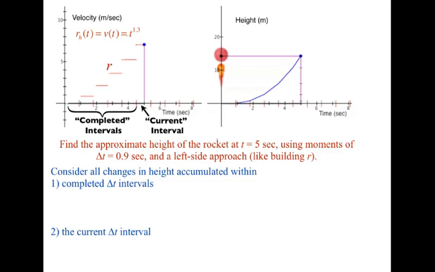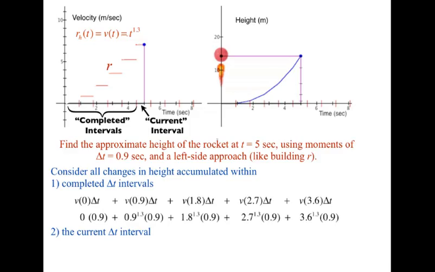But we're not going to use a full 0.9 seconds because we're not to the end of that interval yet, right? What are we going to use instead? 0.5. So to sum up the values for the completed intervals, it will look like this. These are the first 5, and these are complete. So the delta t is always 0.9. And we're going to sum that up. But then we have a little more change for the current interval.